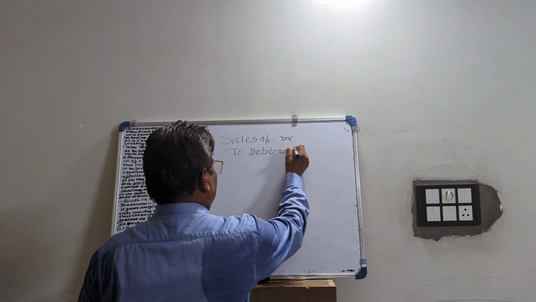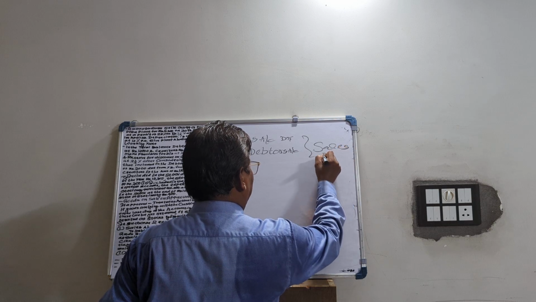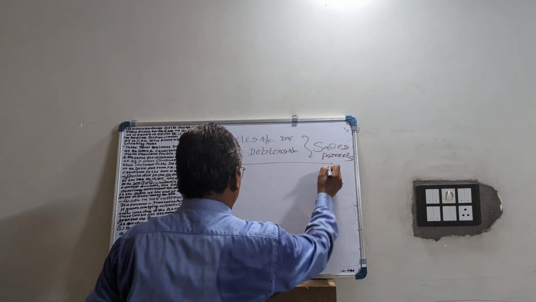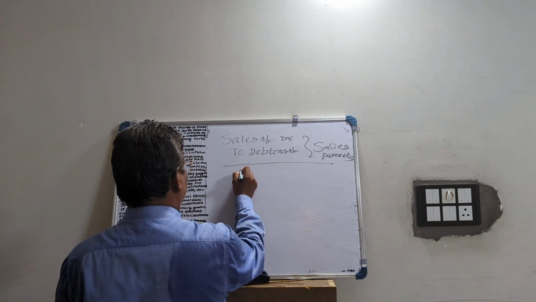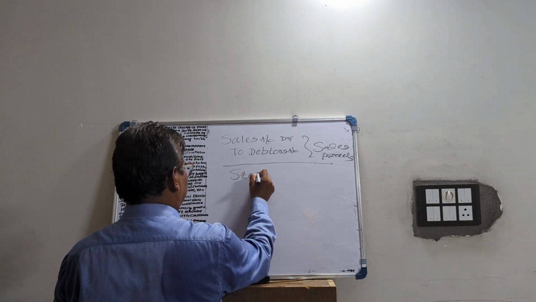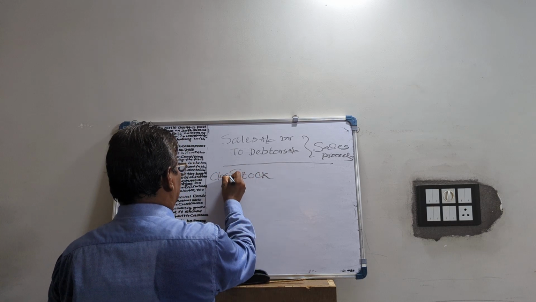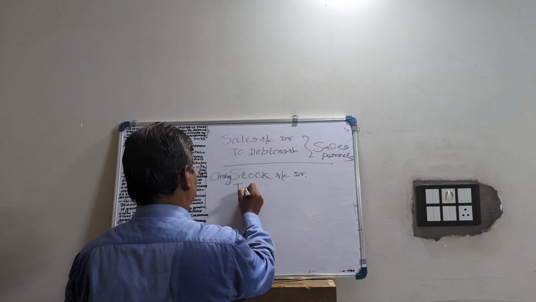This amount is the sales proceeds. Whatever sales proceeds we have recorded, that we have to reverse. Then it will be shown under stock. So we will debit stock account, or closing stock account, debited to trading account.